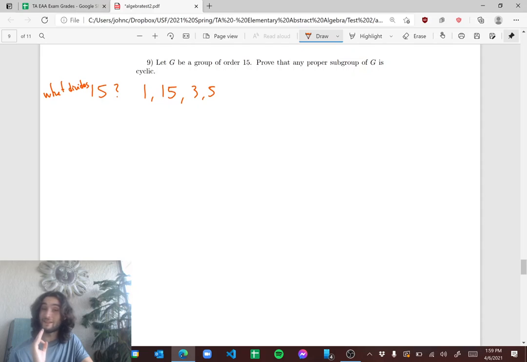So if H is a subgroup of G, then the order of H has got to be one of those things.